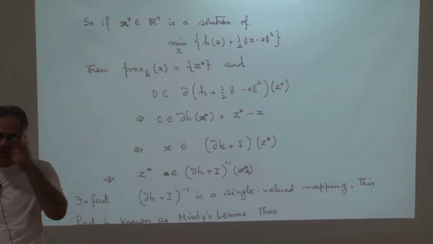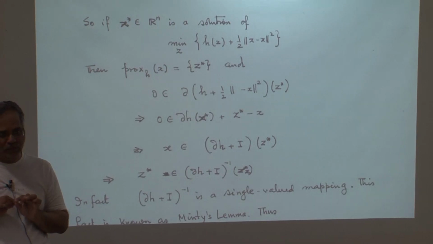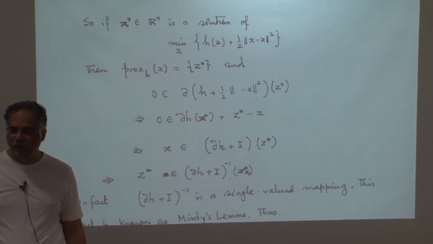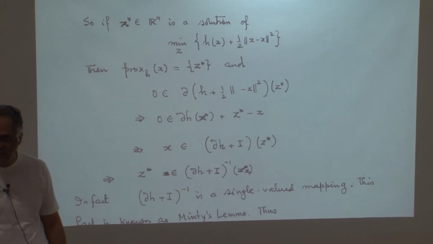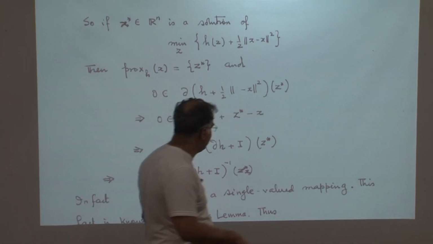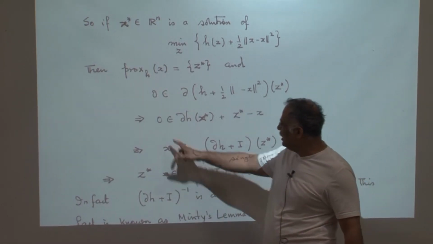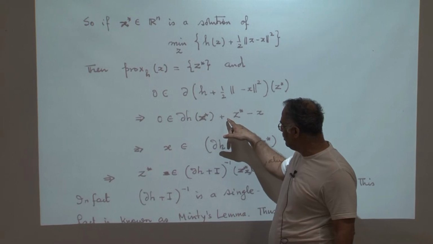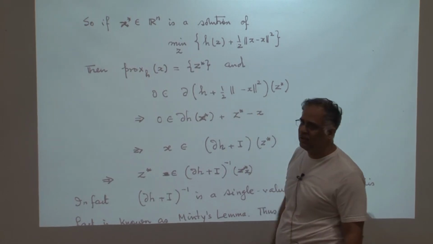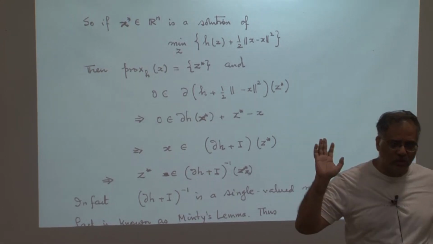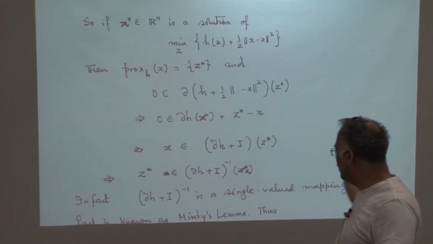That we have already mentioned in our classes: if a convex function is differentiable at a given point, the subdifferential at that point has just one element, that is the gradient. So in this case, we will just have the gradient. So it will be 0 element of del h z star plus z star minus x. Assuming that these are all finite convex functions, all the properties that we were talking about hold and the sum rule can be applied.